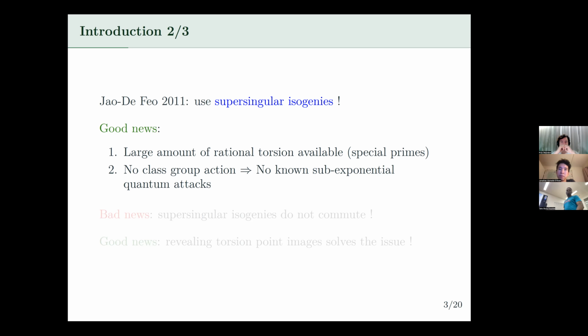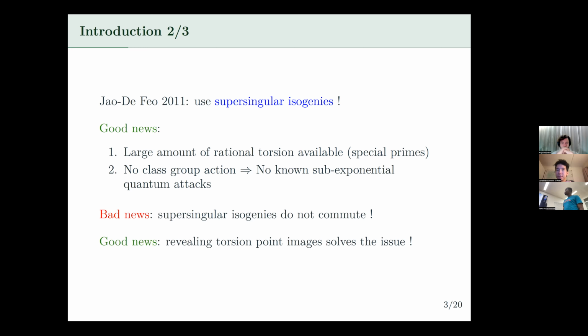Note that you can also adapt some class group actions on supersingular curves by using some type of orientations. But in 2011 they were not yet aware of that, and we didn't have any class group action on supersingular curves. So those were the two good news, but the bad news is that isogenies in the supersingular world don't commute, so having a Diffie-Hellman type key exchange with them is not straightforward.